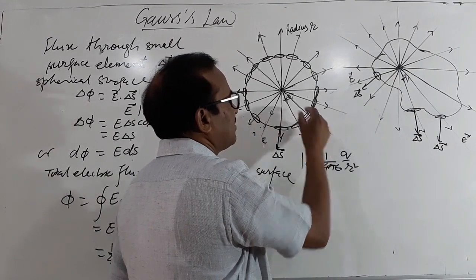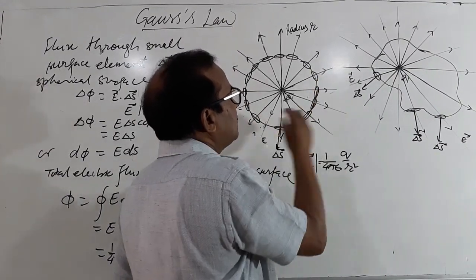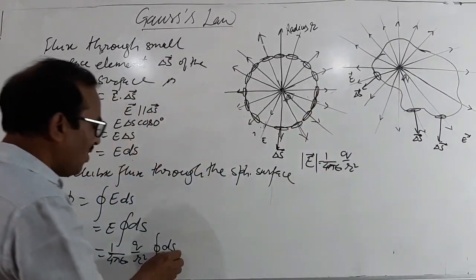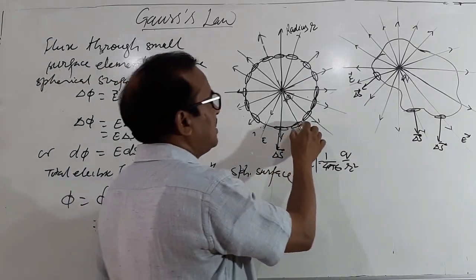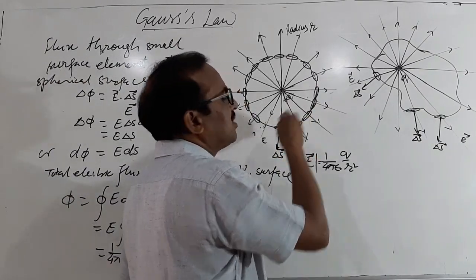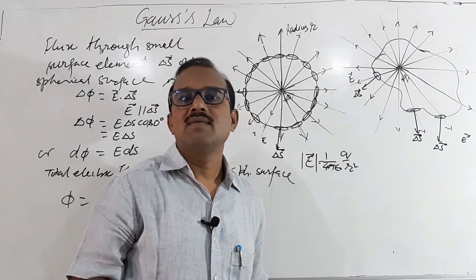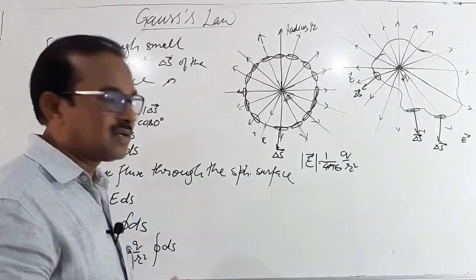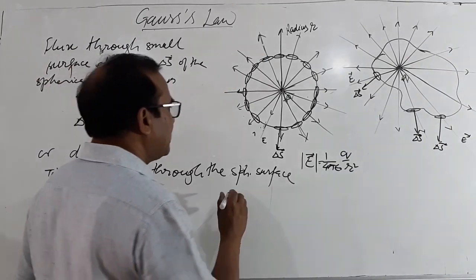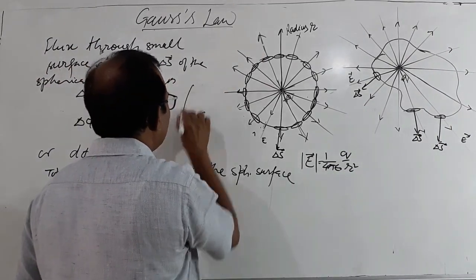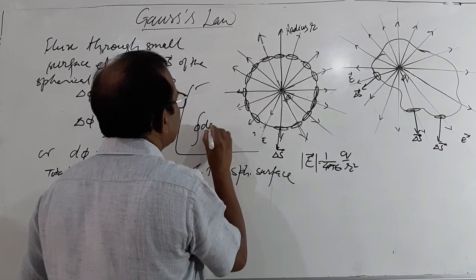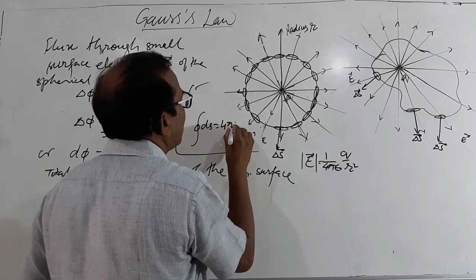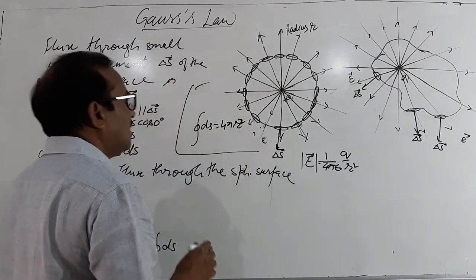If you integrate all these ds elements, you get the total surface area of the spherical surface, so the integral of ds equals 4 pi r square.